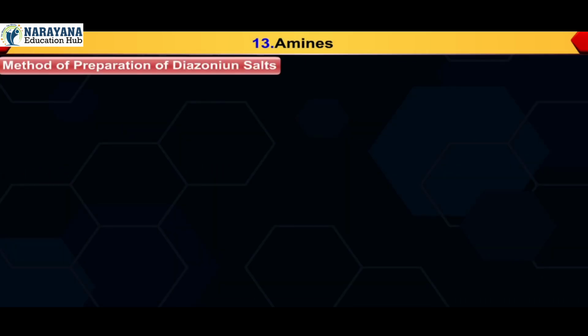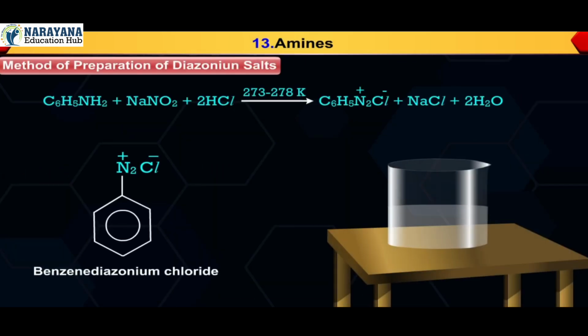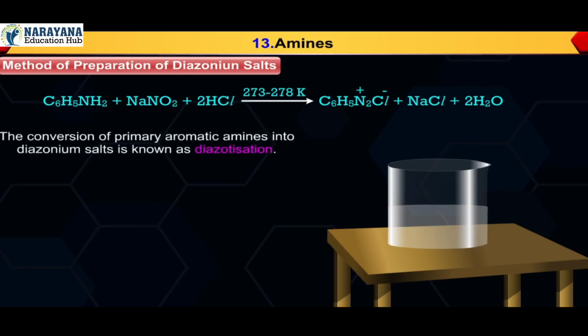Method of preparation of diazonium salt. Benzene diazonium chloride is prepared by the reaction of aniline with nitrous acid at 273 to 278 Kelvin. Nitrous acid is produced in the reaction mixture by the reaction of sodium nitrite with hydrochloric acid. The conversion of primary aromatic amines into diazonium salts is known as diazotization.